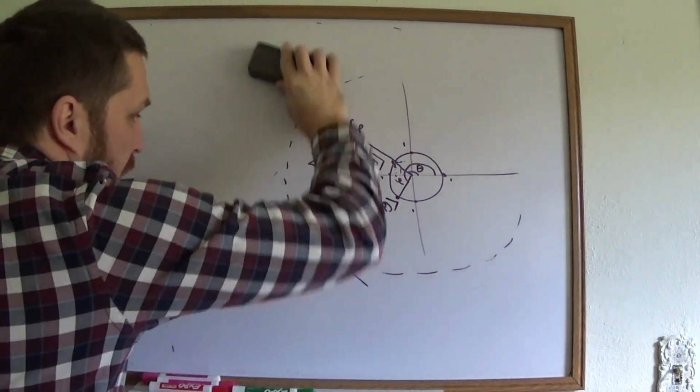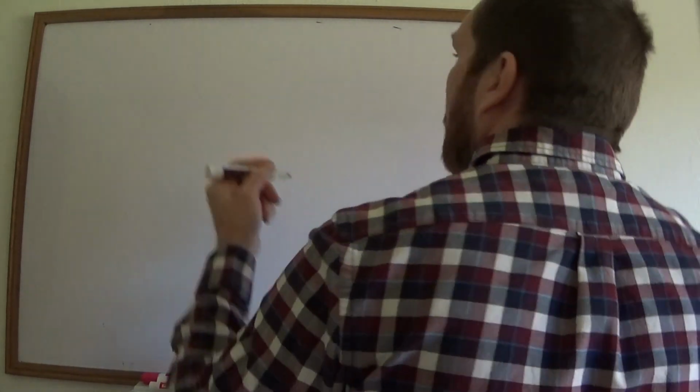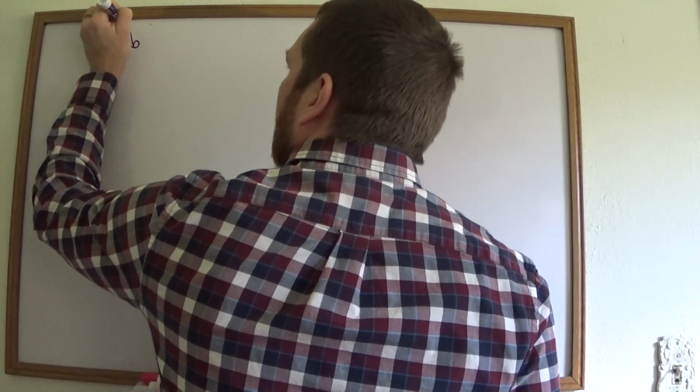Okay. We actually have time to talk about the thing I wanted to talk about. Earlier, let's get back up to what I had on the board to begin with. We're going to let B be some vector.